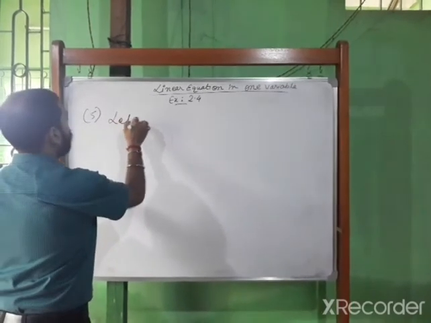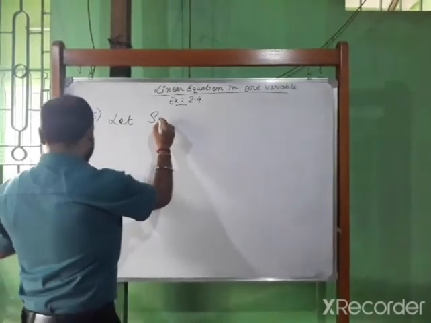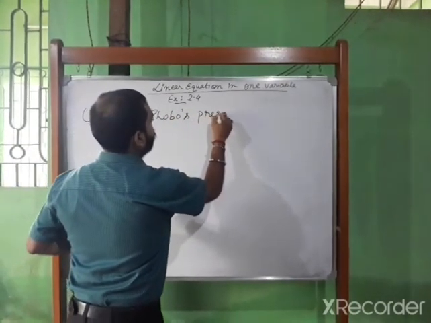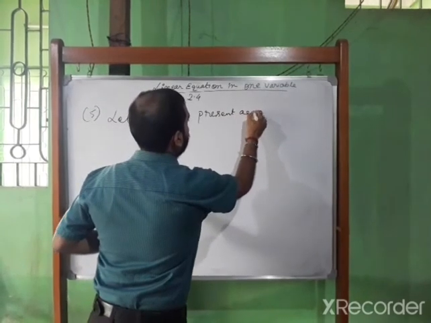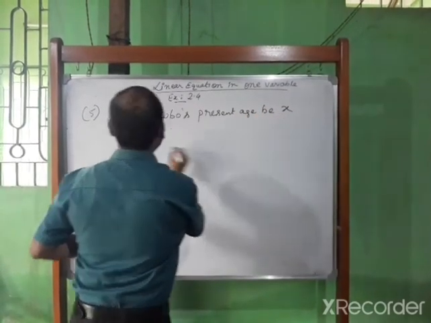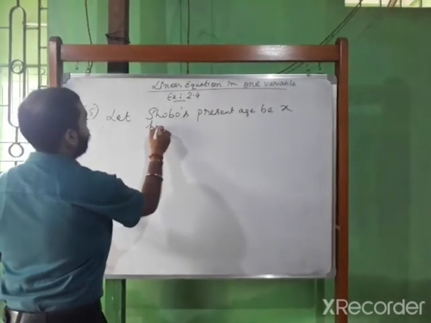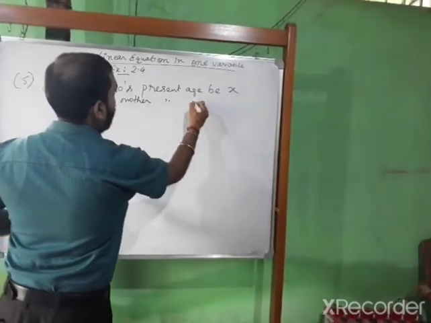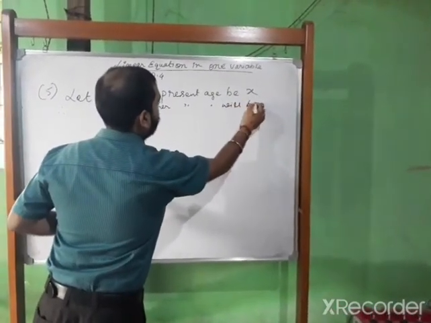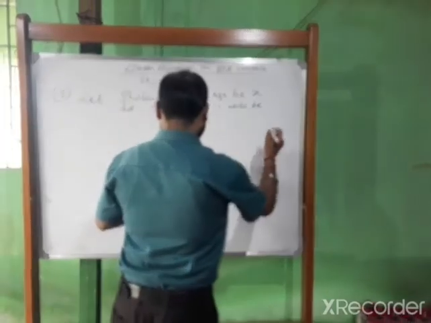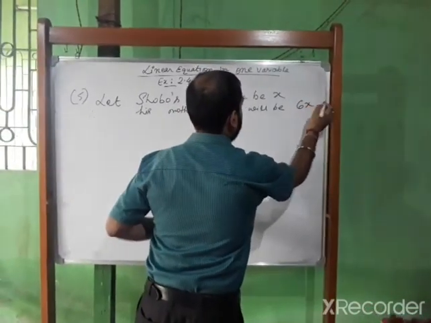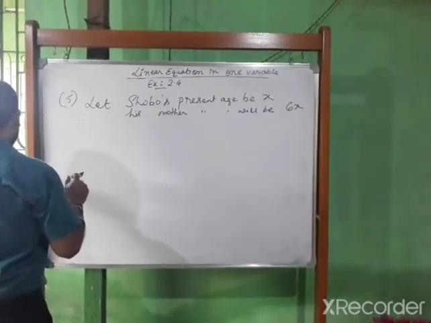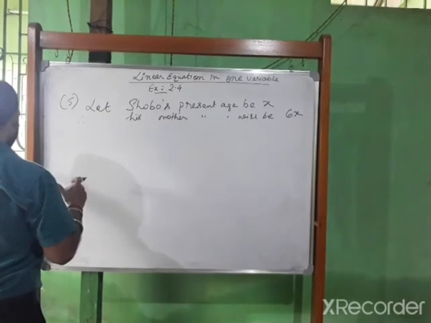So let Shabu's present age be x. Therefore, his mother's present age will be 6x. Okay. Now, Shabu's age 5 years from now.